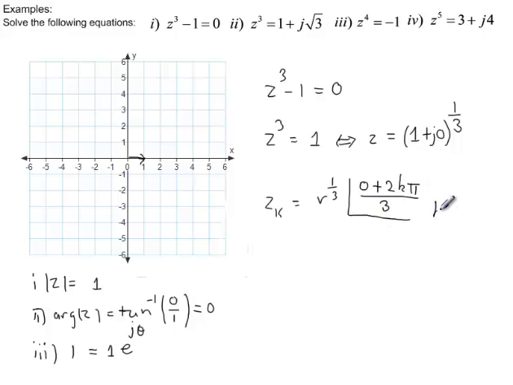And our k must run from 0, 1 to 3 minus 1, which is 2. So far, am I carrying everybody, or am I leaving somebody behind?